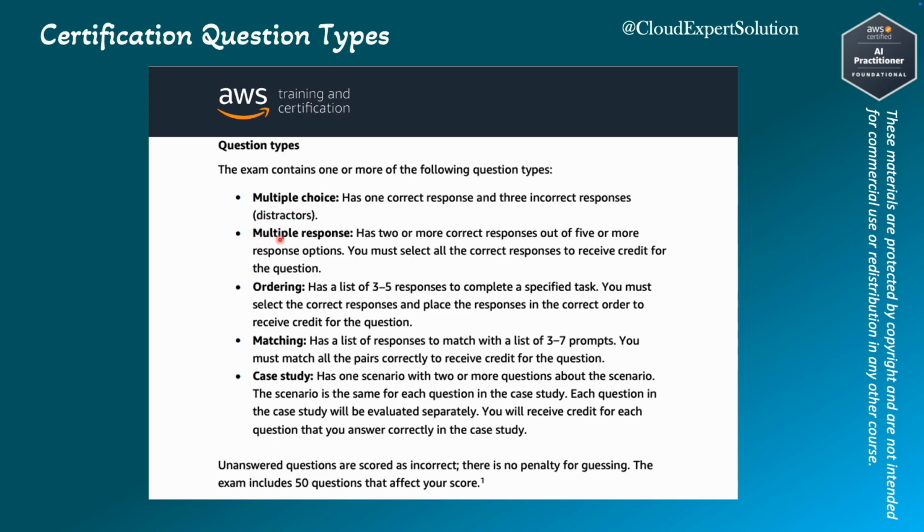In this type of questions, you need to select 2 or 3 correct answers from the 5 or more options. Followed by ordering. As the name suggests, you must arrange the options in the correct order. Then matching. For this type of questions, you need to match answers from 2 columns. To earn points, all the pairs must be matched correctly.